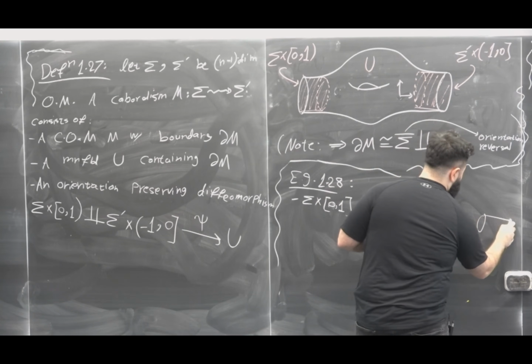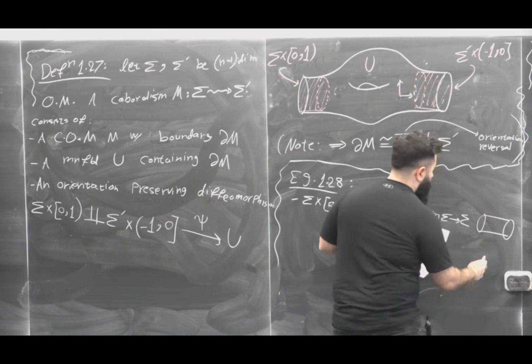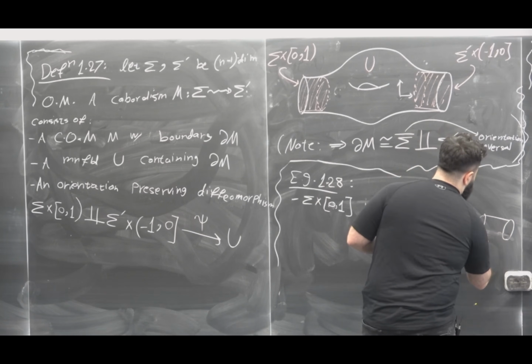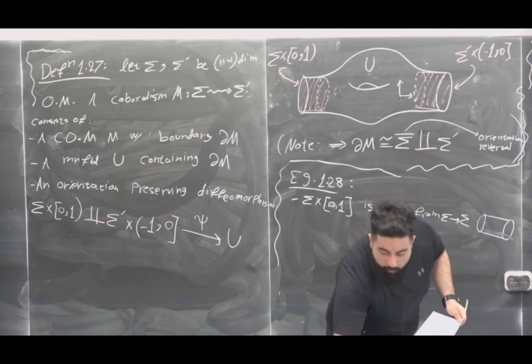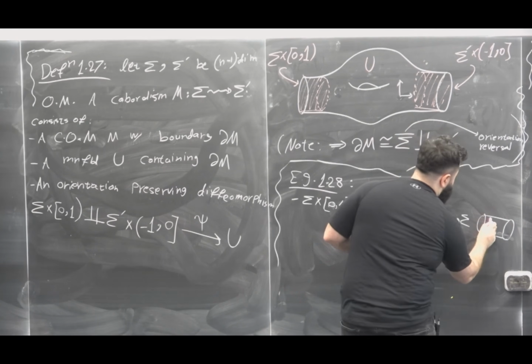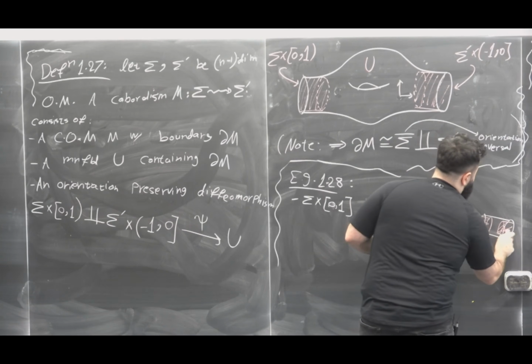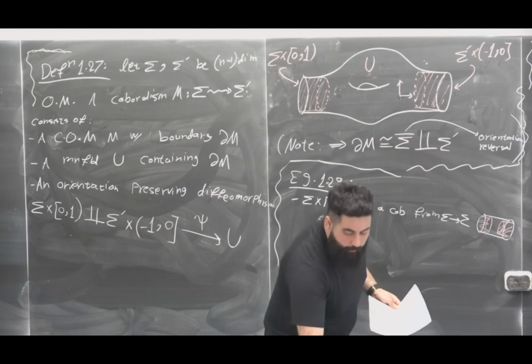It'll just look like a cylinder, and there's a collar neighborhood around the boundary components.